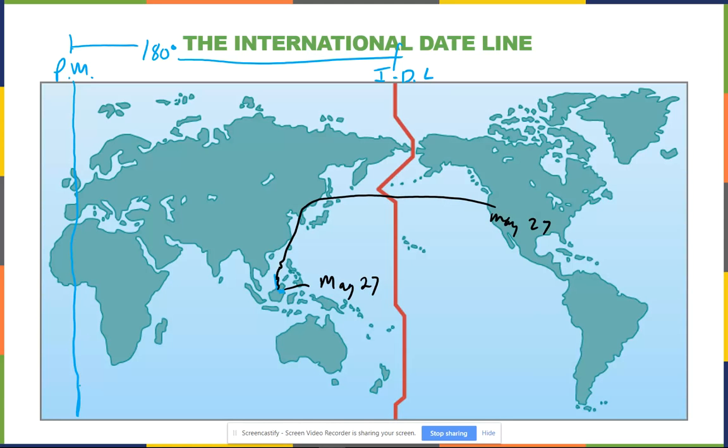So we had an extra long first anniversary. I thought that was very cool because we crossed the international date line in the middle of the night. So that's the purpose of it. Where is it located? 180 degrees from the prime meridian, roughly speaking.